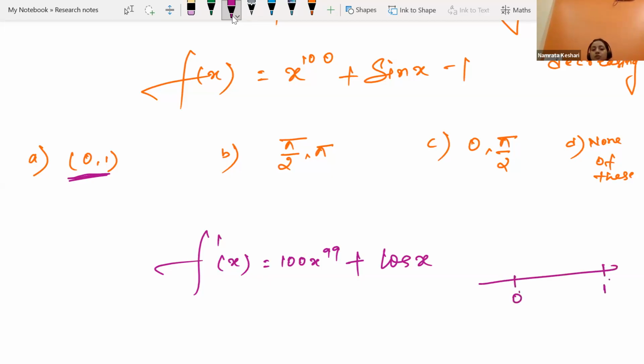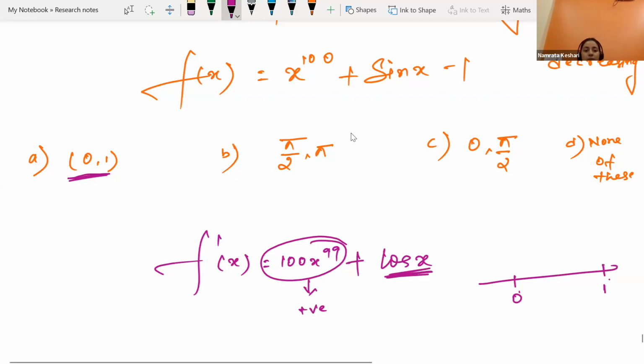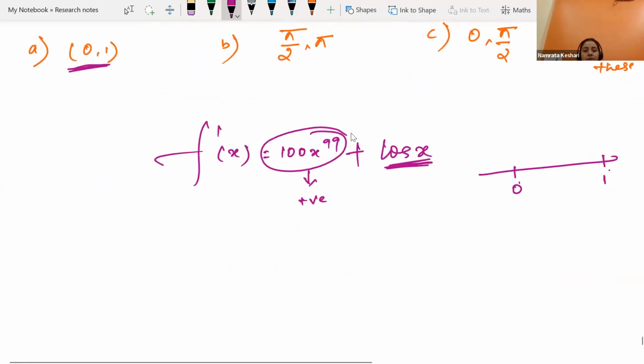In between 0 to 1, whatever x we take, this part will be positive, right? Yes. Now what about this cos x? What can be done for this cos x? If I plot the graph of this.